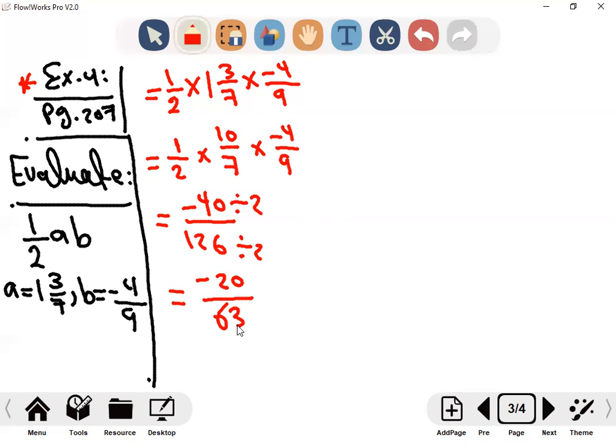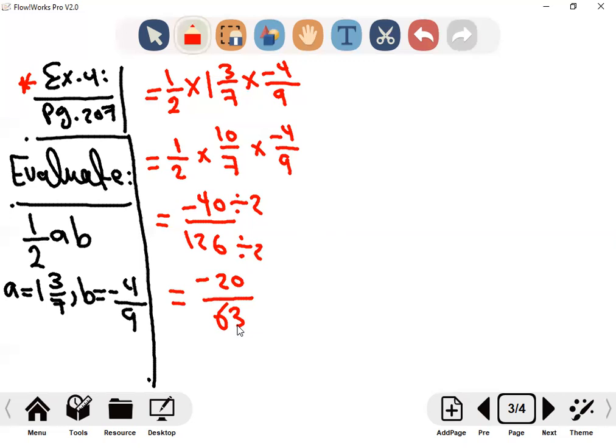Now 20 and 63, can they divide by 7 or by 9? Cannot divide by 5. The 20 can divide by 5, yes.